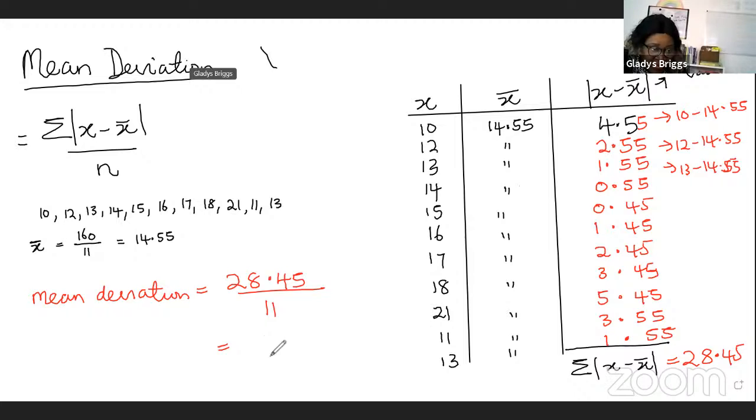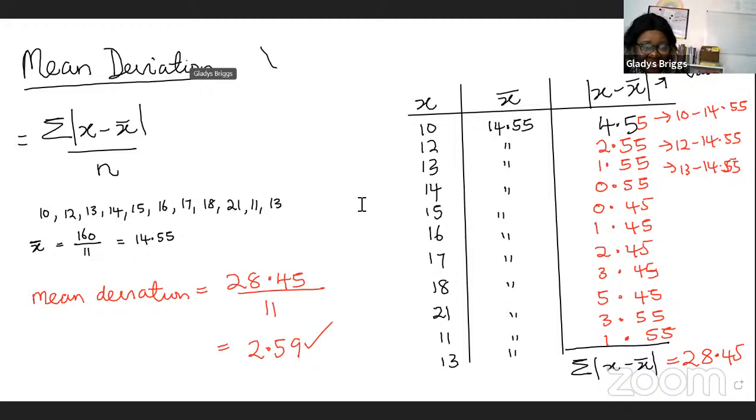I got 2.59. I don't know, let me see. 28.45 divided by 11. Yeah, 2.59 if you round your answer correctly.